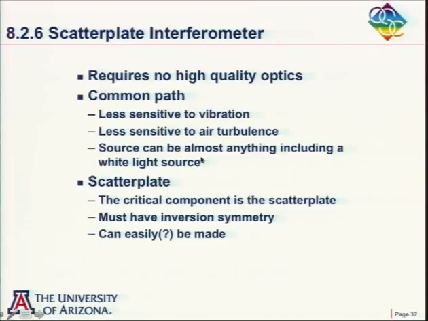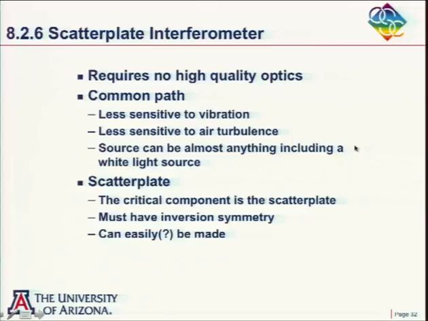Just like I said, you don't need any high quality optics. The light source can be almost anything. It could be a laser. It could be a mercury source, a sodium source, a 60-watt light bulb, a flashlight, almost anything. It doesn't require spatial coherence. Well, we'll talk about how much spatial coherence we need in a little while.